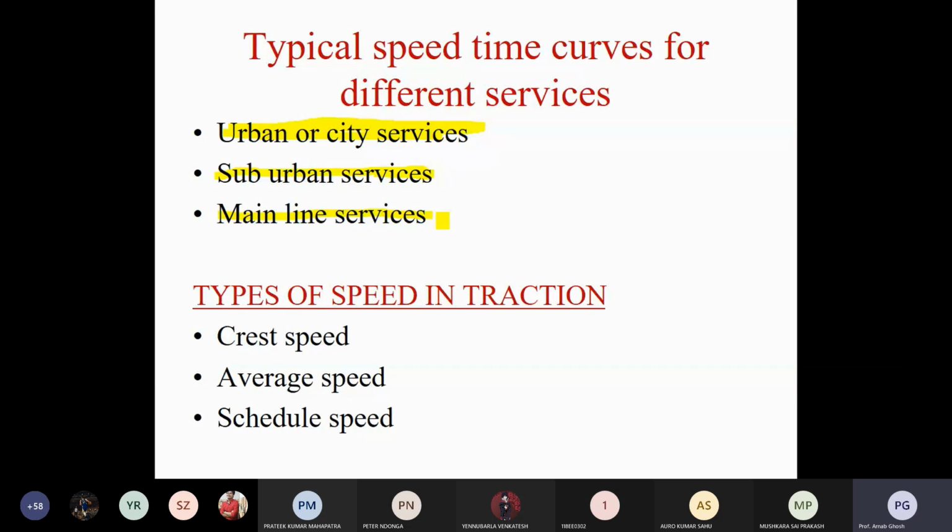Normally Rajdhani Express, five years back, their speed was 120 to 130 kilometers per hour. Right now it is 160 kilometers per hour. But the average running speed of that train is normally 60 kilometers per hour.